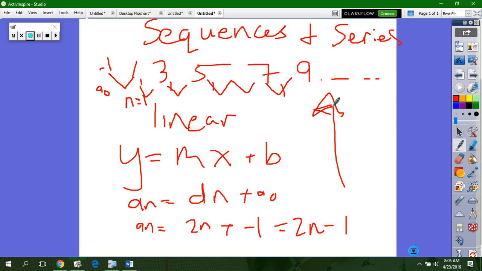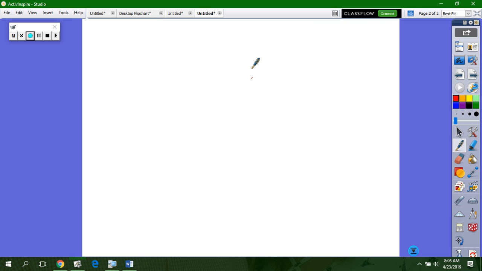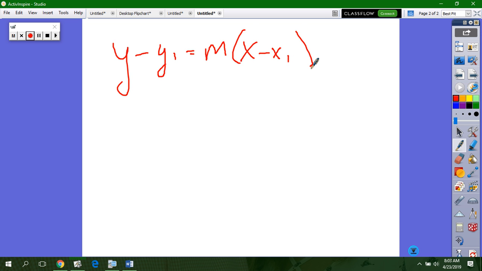Yes. They might also have another way. How many guys remember doing point slope form? Okay, we even did it in 1010. Point slope, it was like this: y minus y1 equals slope times x minus x1. Well, they have the same thing.